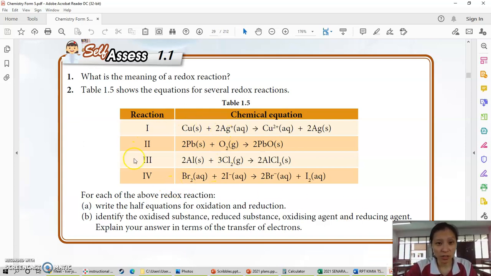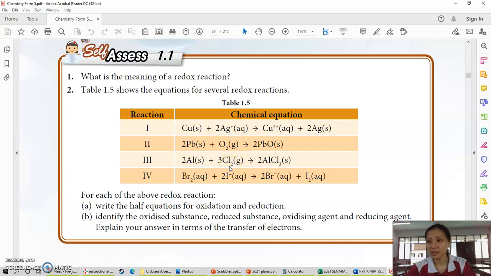You are given four kinds of chemical equation, and from the four chemical equations you are asked to write half equations. Alright, so what I'm going to do now is give two other examples of chemical equations, and I'm going to use those two chemical equations to write half equations.